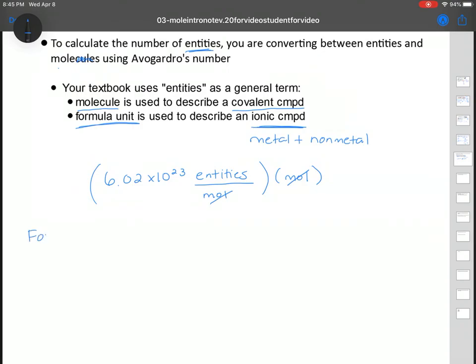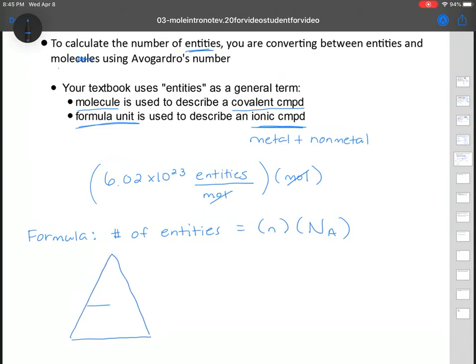So if you prefer formulas, which again is really fine for the scope of this class, the number of entities is the number of moles times Avogadro's number. You could even make that into a triangle, if you prefer that. And I'll write this, that's a symbol here again.